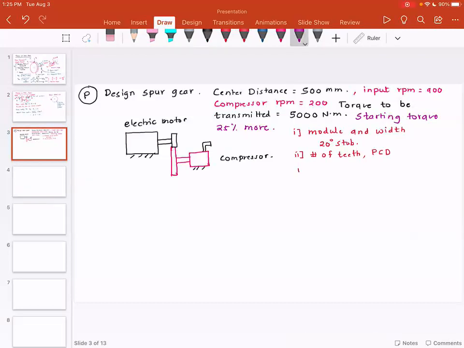And then the last part is we will design shafts. The good news here is we are going to assume the gear and the pinion are made up with the same material. The first assumption is gear and pinion are made with same material.